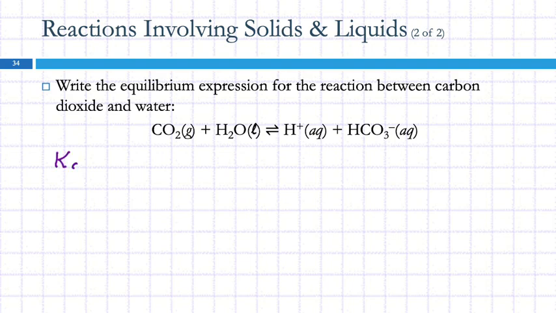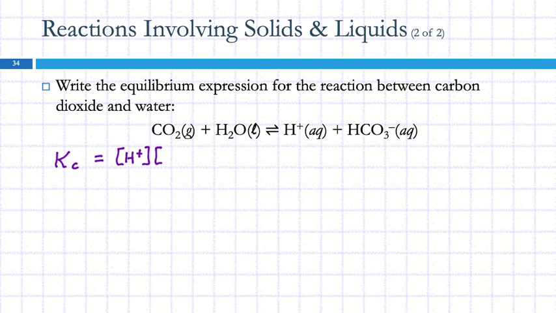So the equilibrium constant in terms of concentration, we're going to take the molarity of the products, right? So here we have aqueous hydrogen ion. Well, could we have a molarity of that? Absolutely. And that will be raised to the first power, because that's the coefficient here.